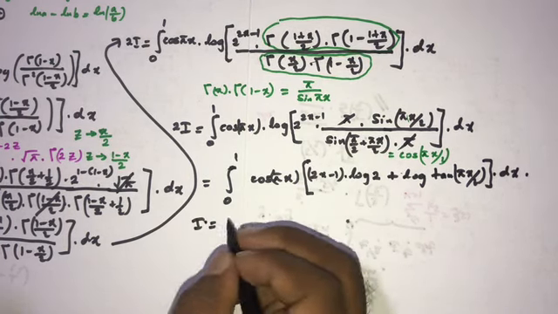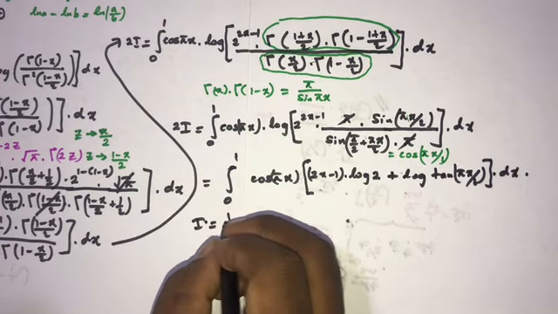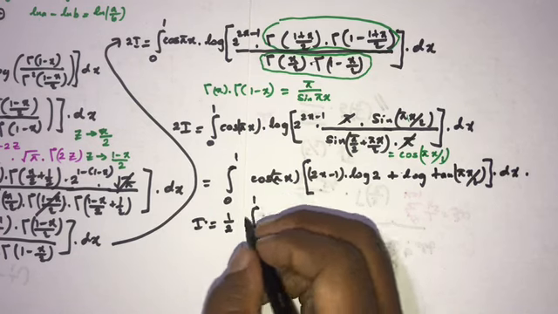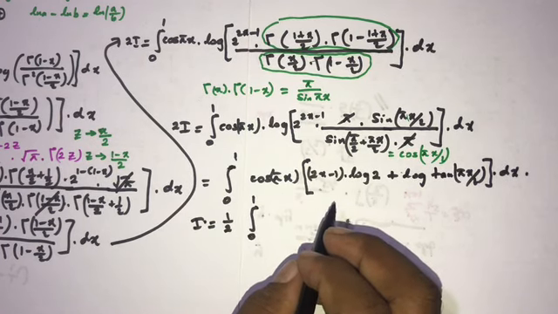Okay, then I is equal to, we know here 2, so 1/2 integral from 0 to 1. Now we can simplify.